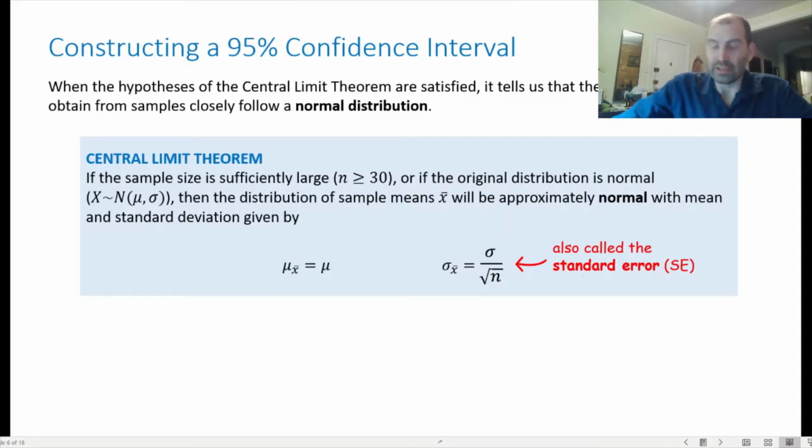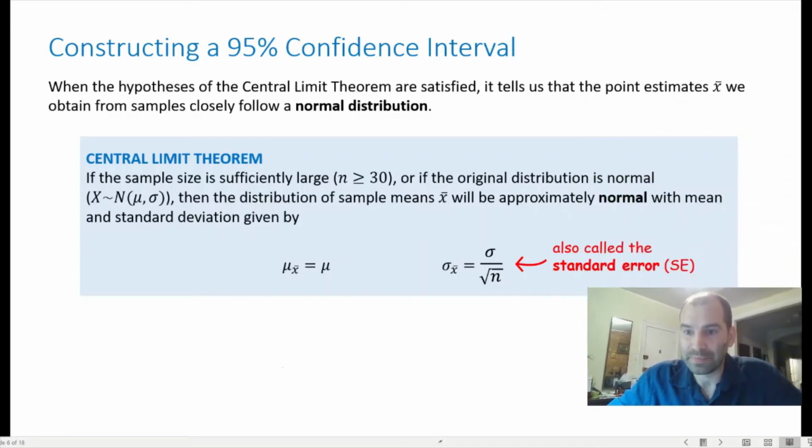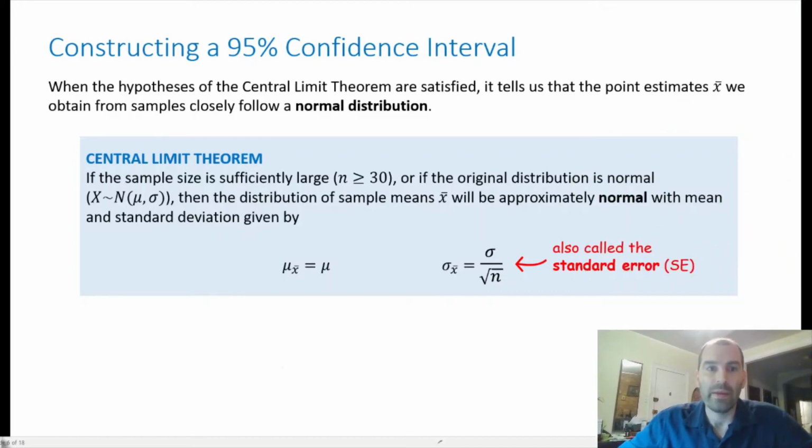Okay, so let's get to these confidence intervals. We have the central limit theorem. Okay, and when the hypotheses of the central limit theorem are satisfied, the theorem tells us that point estimates, in this case sample means, are going to follow a normal distribution.